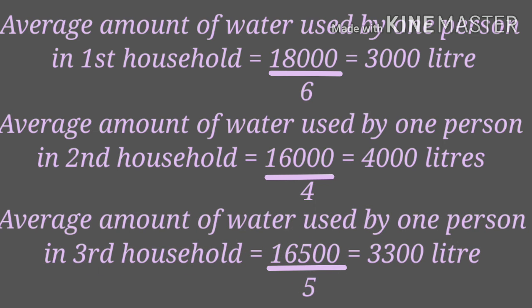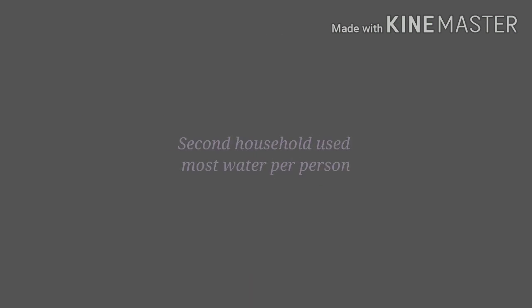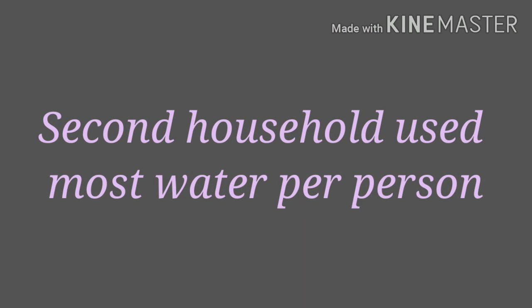Average amount of water used by one person in the third household is equal to 16,500 by 5, that is equal to 3,300 liters. So from this we can conclude that the second household used the most water per person.